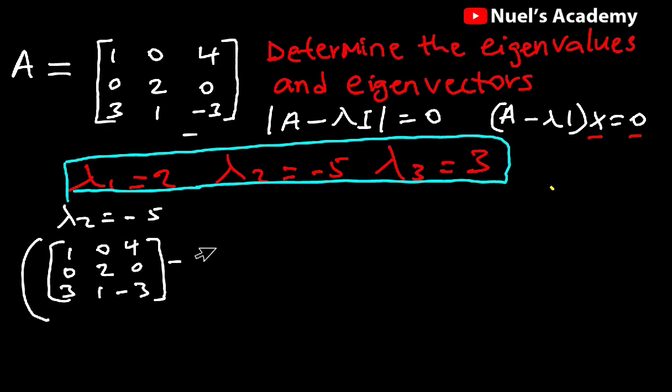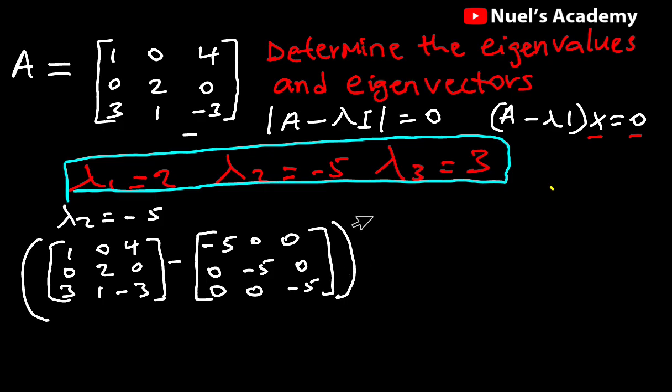Then minus lambda times identity matrix. Lambda 2 here is negative 5. So we're going to have negative 5 times identity matrix. We have negative 5 here. Then 0, 0, we have 0, negative 5, and 0, and 0, 0, we have negative 5. Then multiply by the x1, x2, x3, all of this will be equal to 0.